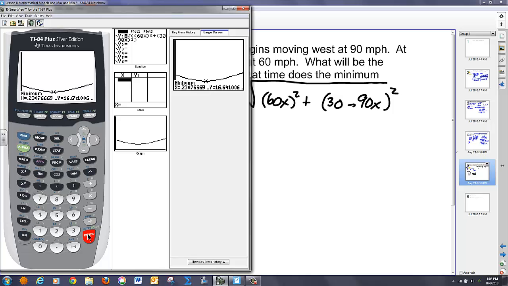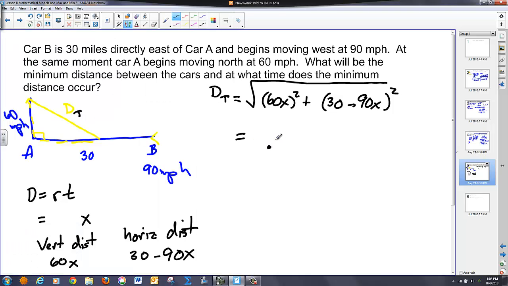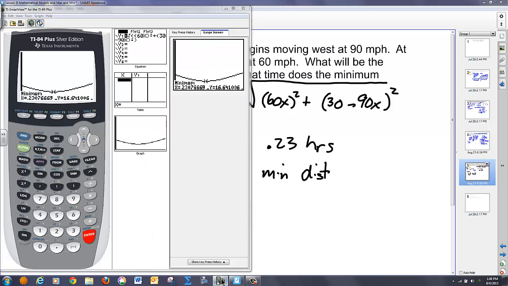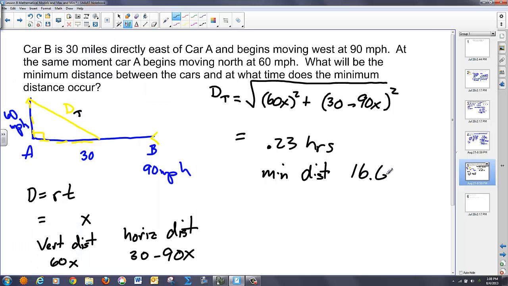My x is in terms of hours. So roughly 0.23 hours gives me a minimum distance of whatever my y value was. In this case, my minimum distance is 16.64 miles.